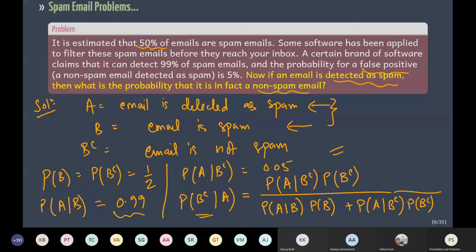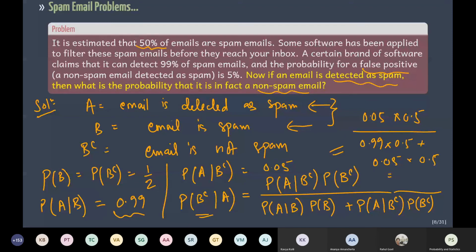If we calculate this, the numerator comes out to be 0.05 times 0.5. The probability of A given B is 0.99, and the probability of B is 0.5, plus the probability of A given B complement, 0.05, times the probability of B complement, which was again half.